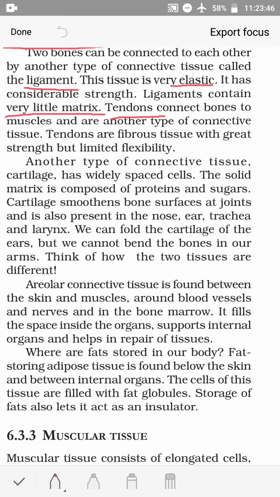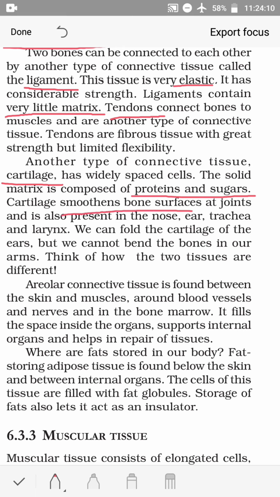Another type of connective tissue, cartilage, has widely spaced cells. The solid matrix is composed of proteins and sugars. Cartilage smoothens bone surfaces at joints, so it is present in the bone joints.